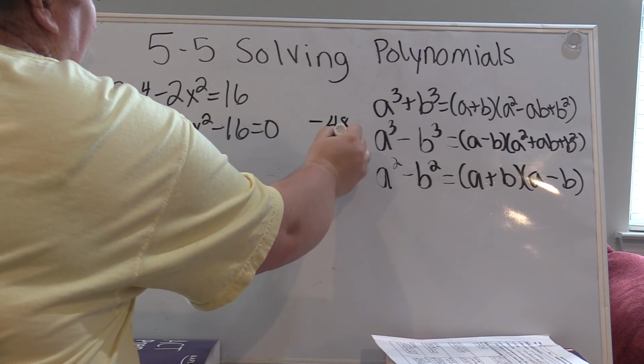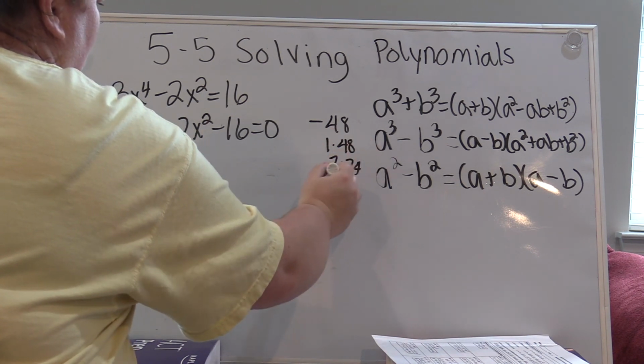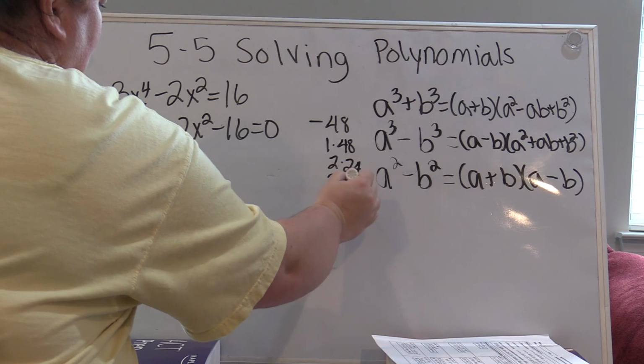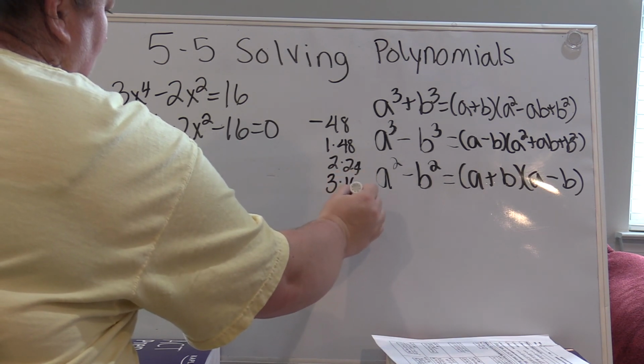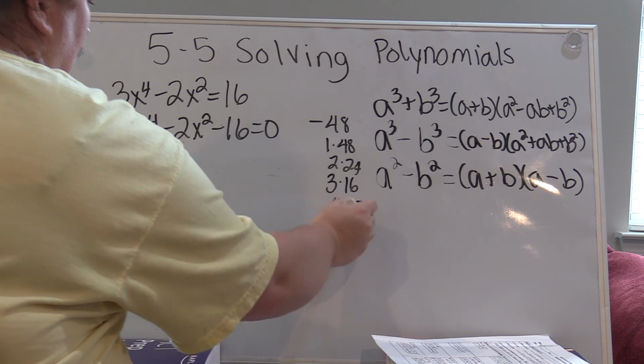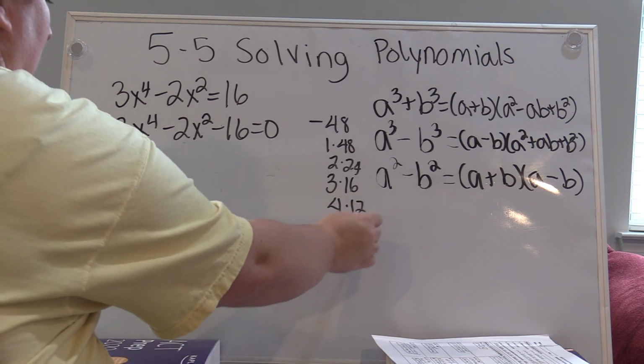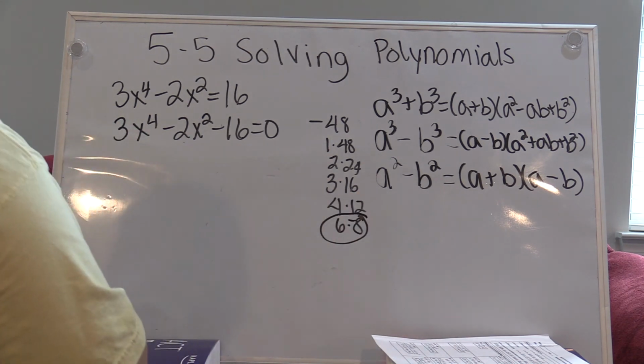So I have 1 times 48, 2 times 24, 3 times 16, 4 times 12, 6 times 8. Which pair is different by 2? This pair, and it's going to be negative.